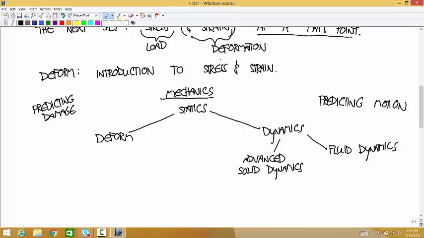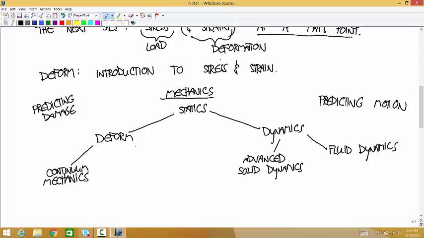And then from deform, you can sort of go in two directions. Well, probably you're going to have to go a little bit in both of these two directions. One is continuum mechanics, that's a very mathematical area where more advanced deform type problems are solved in a closed form by solving really complicated partial differential equations.